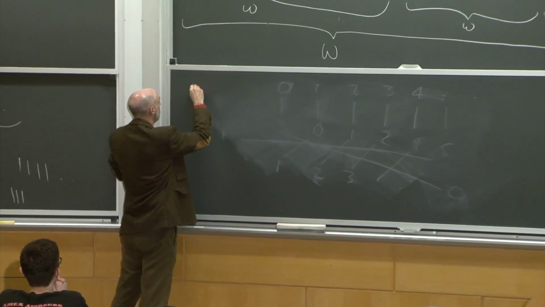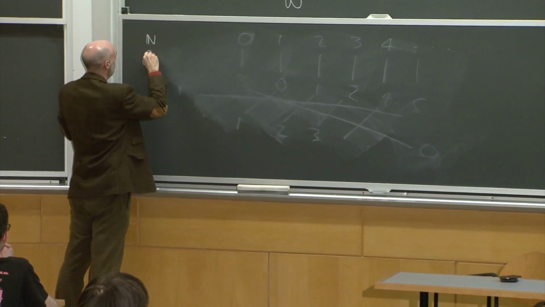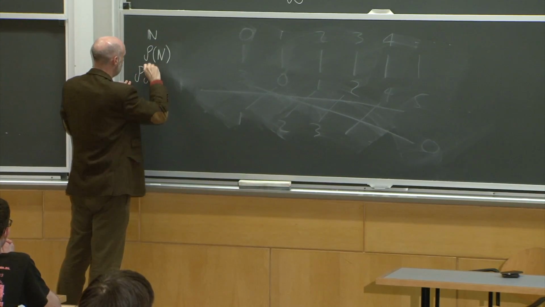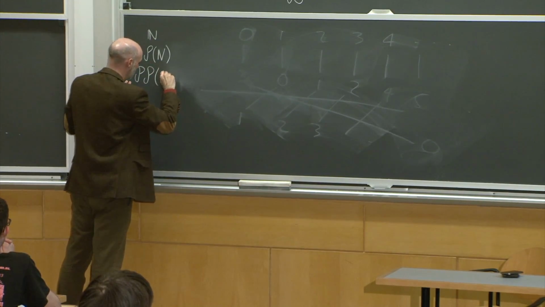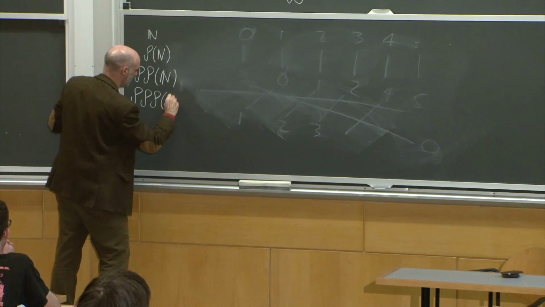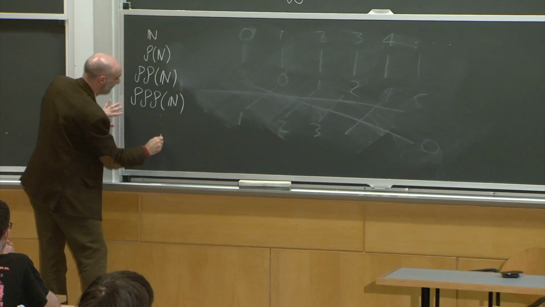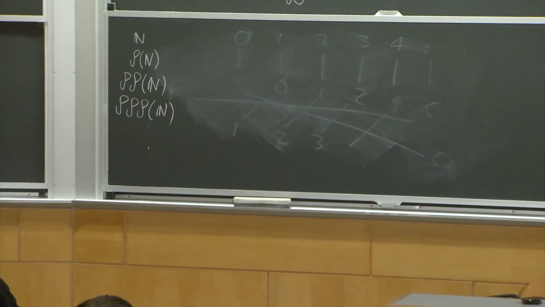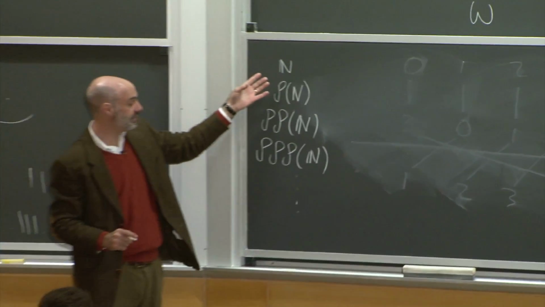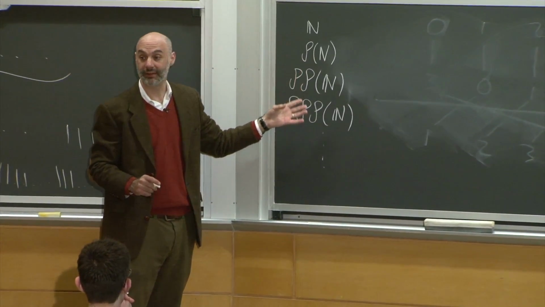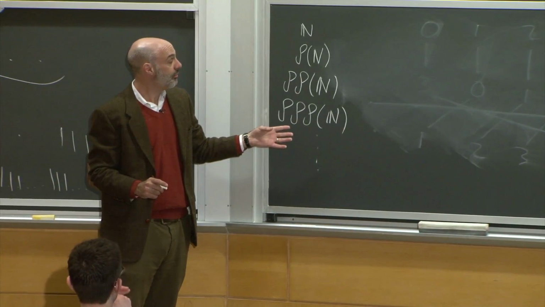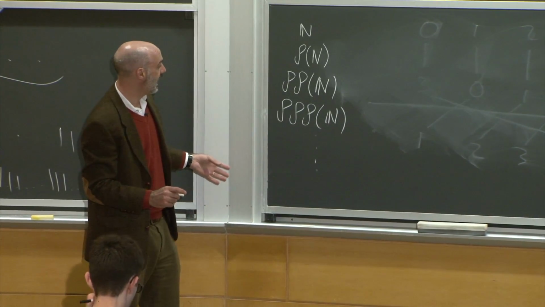So you start with the natural numbers, and then you take the power set of that, and then the power set of that, the power set of that, and so forth. And we know by Cantor's theorem that each of these has more elements than the previous one. But now suppose you do this.